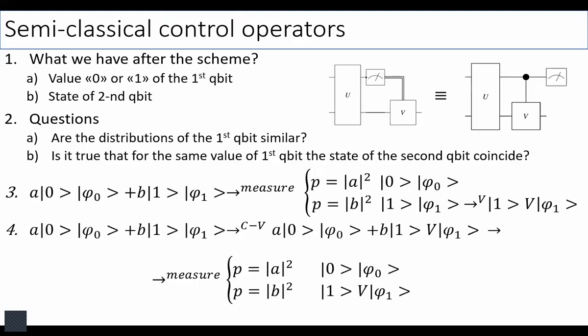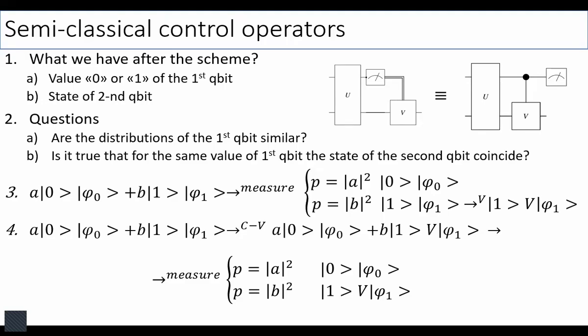And if we do the second scheme, we first apply controlled V. On this term, it is not changed because the first qubit is 0. And on the second term, we need to apply V to phi 1. So it would be this state. And now we do measurement. We will get 0 with probability A squared, and then we get this state.